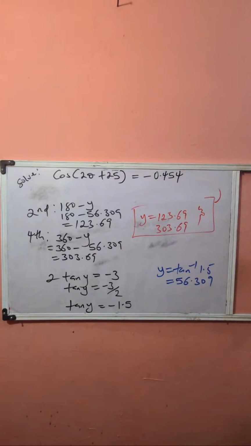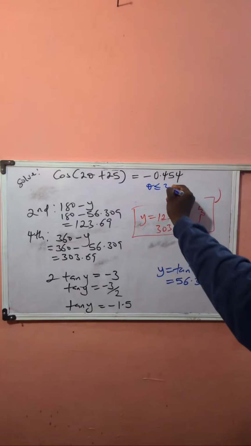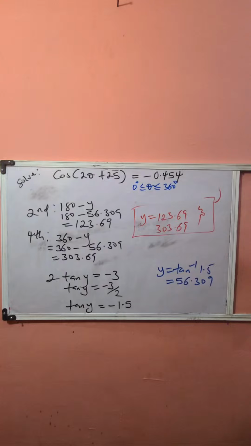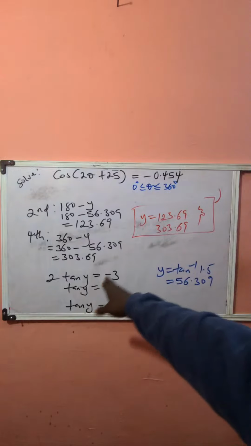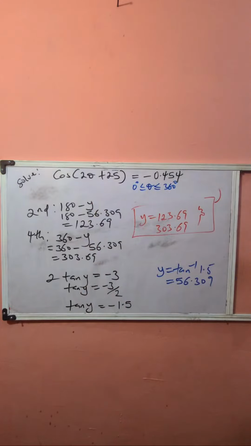And again, we are told that the value for our theta ranges from 0 degrees to 360 degrees. This is the reason why we don't just go on at this point to say arctan, why we have to resolve using the quadrant, because of this particular condition we're given.